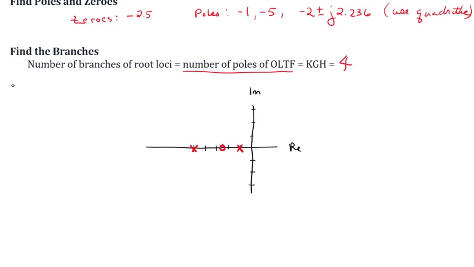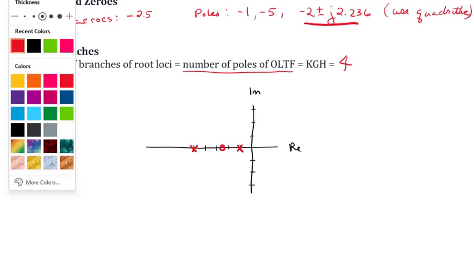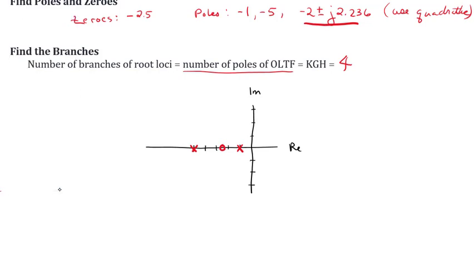And then we've got 2 poles at -2, and it's -2.236.